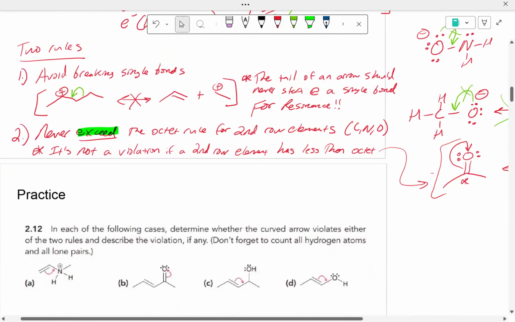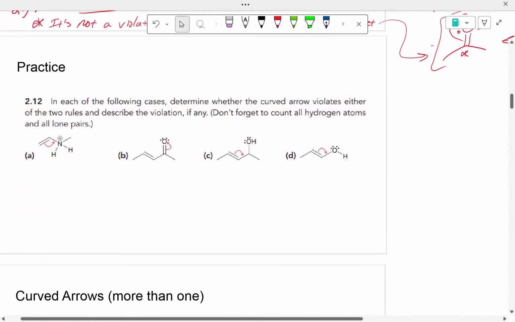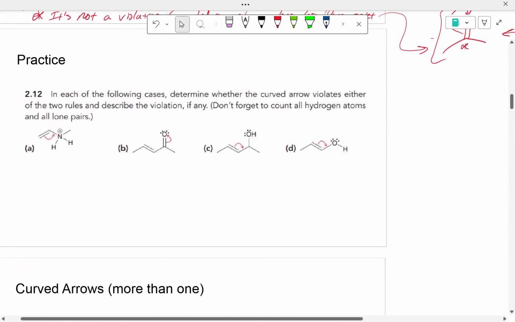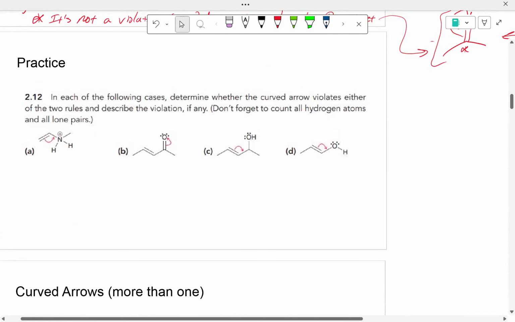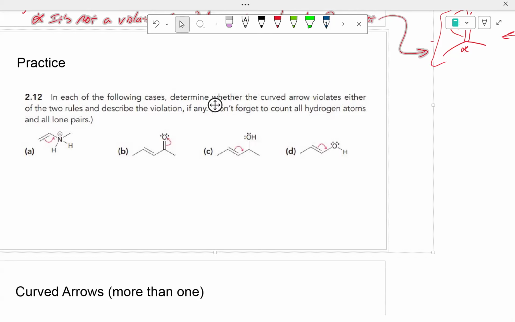All right, so let's do a few practice problems before moving on. With these, we're just going to see whether it violates any of those two rules that we just talked about. So letter A, if we look at the movement here, we're going to move those pi electrons towards that nitrogen.